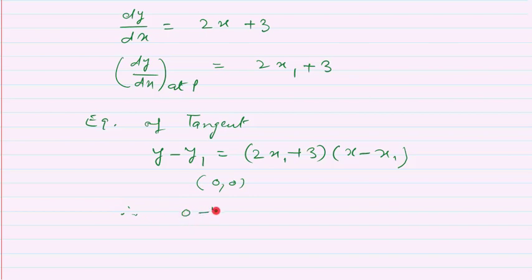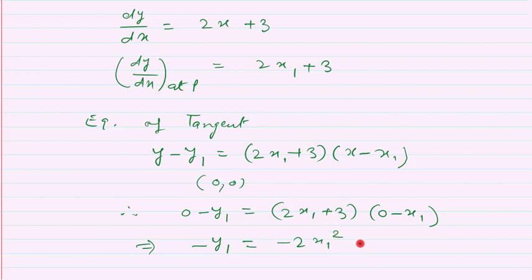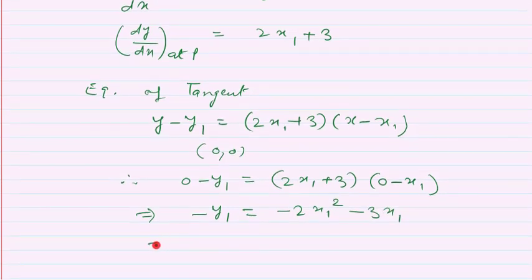Therefore, we have 0 minus y1 is equal to 2x1 plus 3 into 0 minus x1. So, which implies minus y1 is equal to minus 2x1 square minus 3x1, and which further implies y1 is equal to 2x1 square plus 3x1.